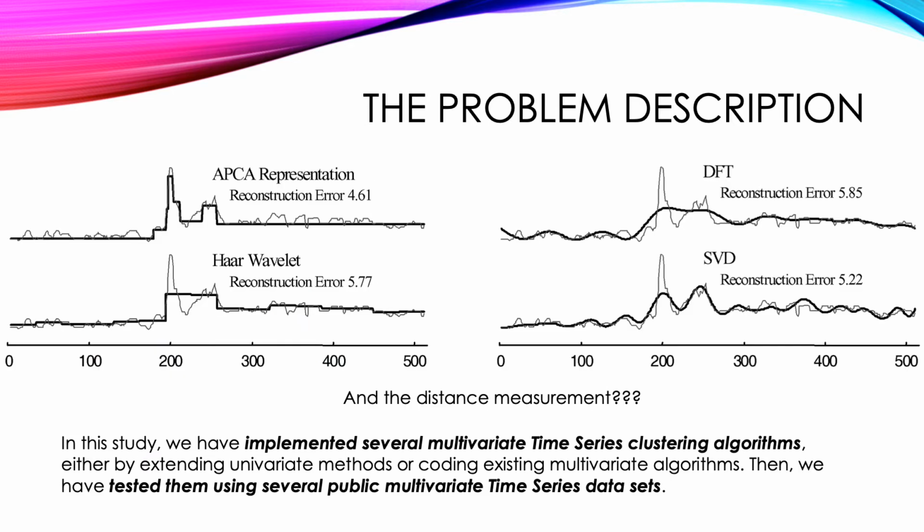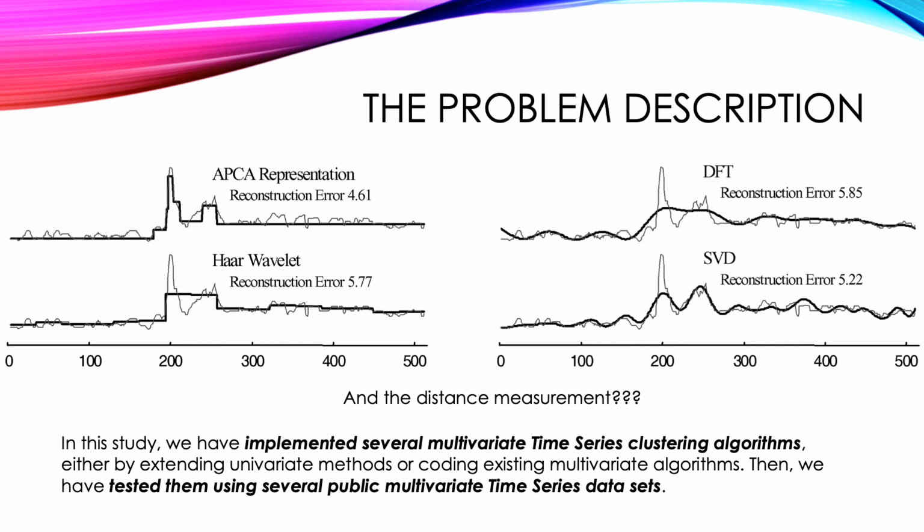Typically what people have done is to use univariate time series representations such as APCA, and then perform a univariate time series clustering and somehow make an aggregation. Here we show the APCA, which is a time series representation that divides the time series in intervals, calculates the mean value for each interval, and so makes a simplification of the values that we need from the time series.